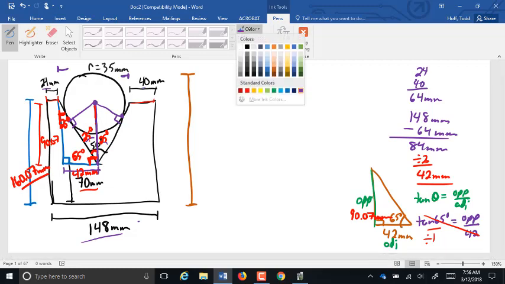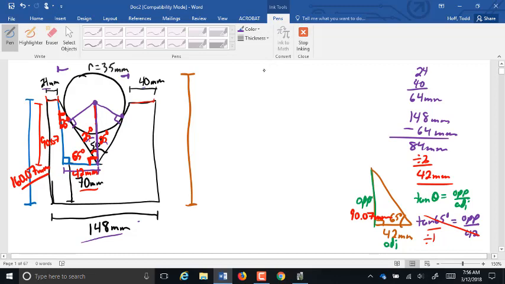Now let's focus back in on the circle here, the round stock sitting in our V block. I know two dimensions. I'm actually going to look at this triangle right here. In that triangle, I know two pieces.